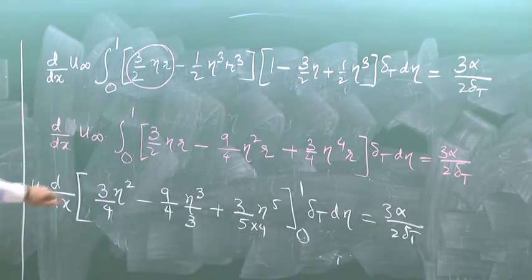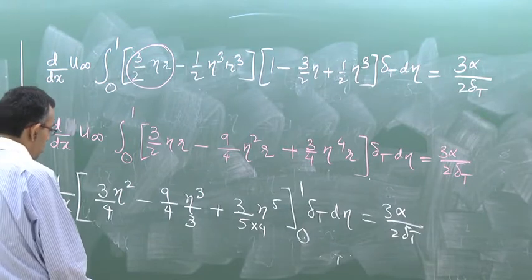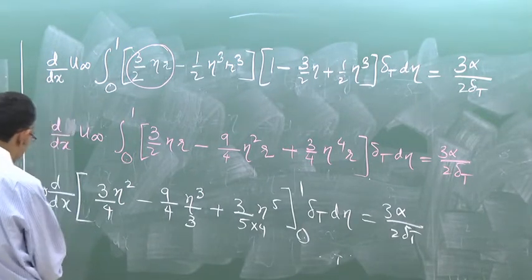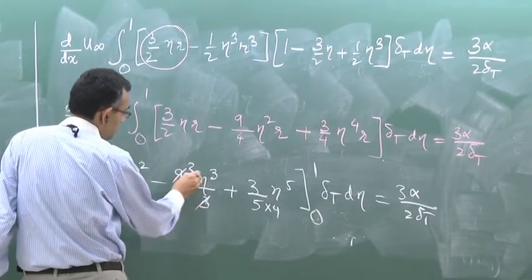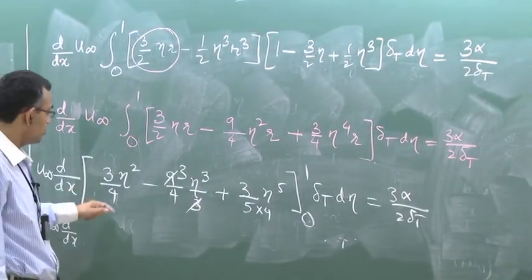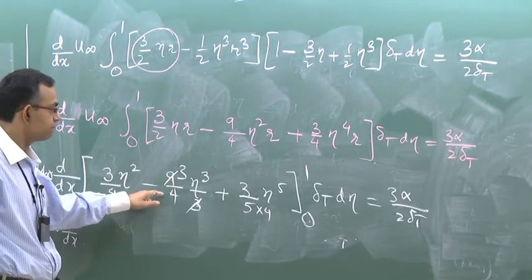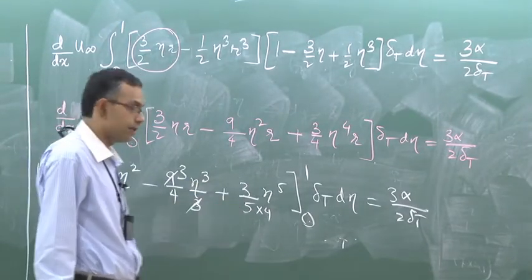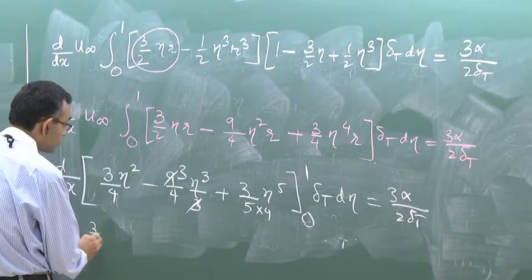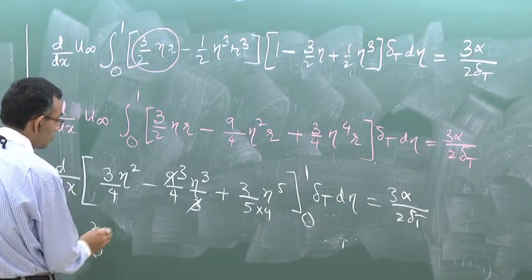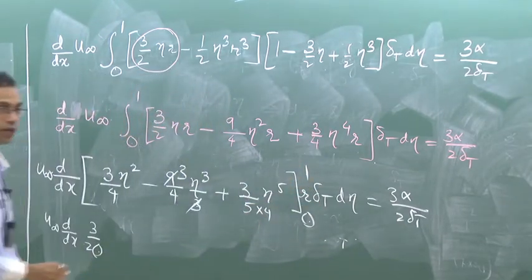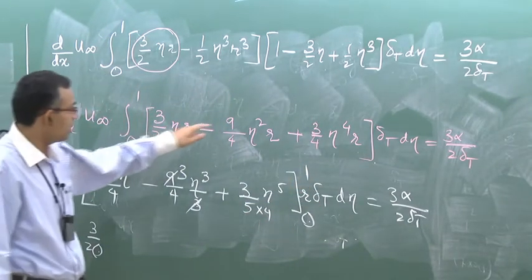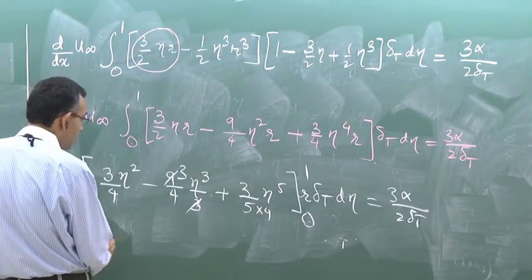Can you quickly do it and tell me what is the value? So these two cancel, right? So 3 by 20. There is one R, right? There is one R. So R into delta T. So 3 by 20.